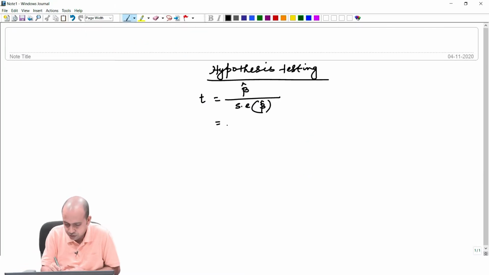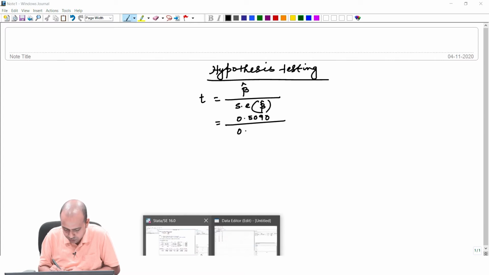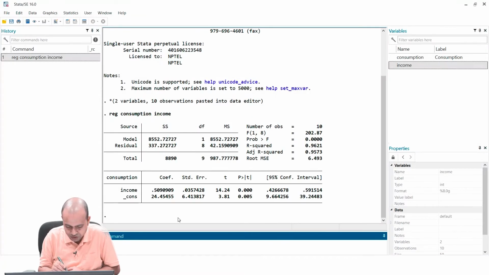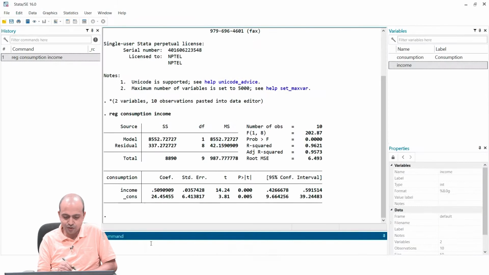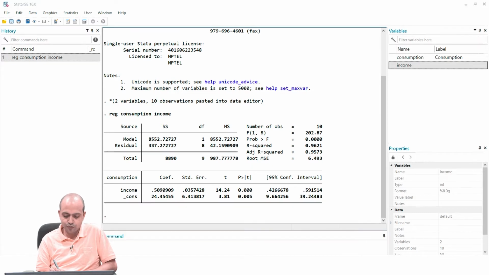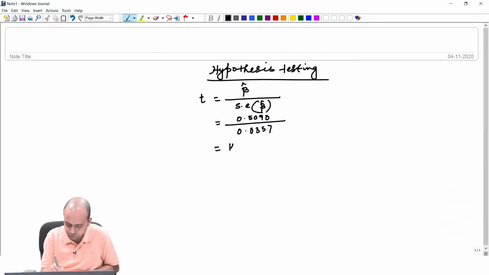So, 0.5090 divided by 0.0357. If you do that, you will get the calculated value of t, which is supplied by Stata, 14.24.